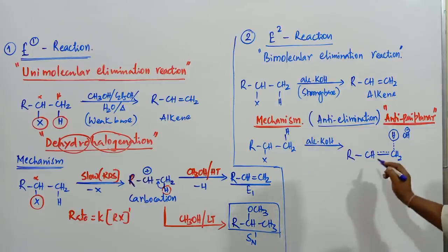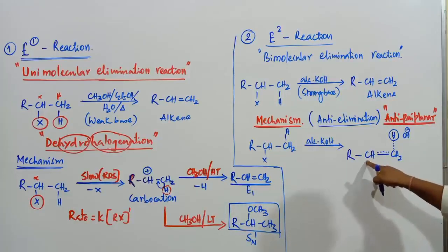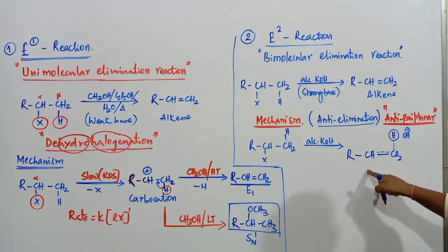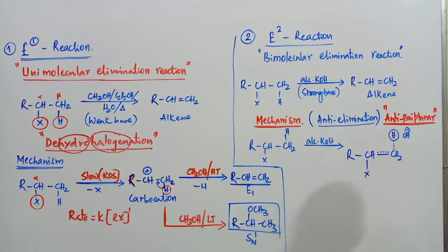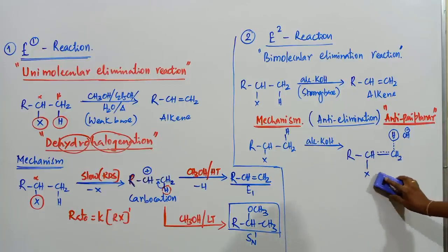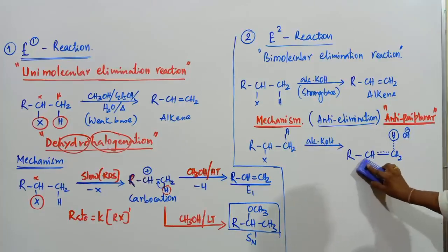And when the carbon-carbon double bond is formed here, the valency of this carbon atom, this is 1, this is 2, the halogen atom is already present. What is the total valency of the carbon atom? It becomes 5. When the valency of the carbon atom becomes 5, slowly what happens? The bond between carbon and halogen is also weakened.